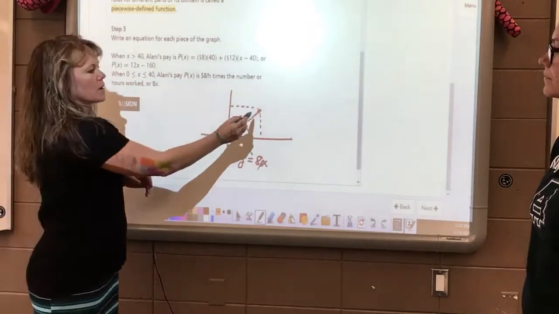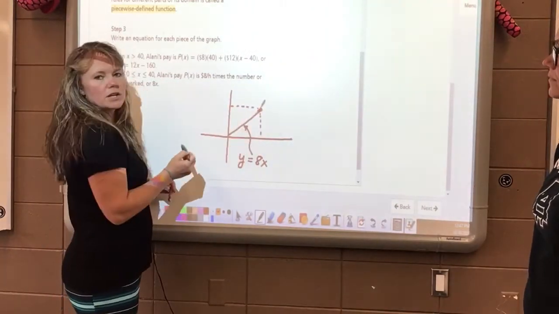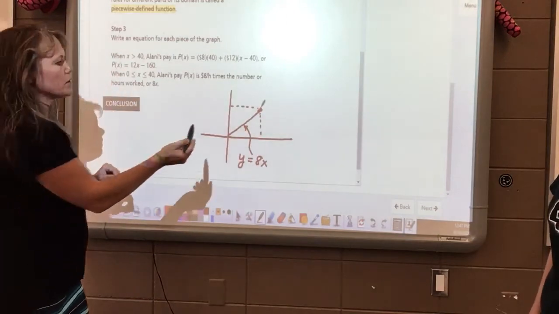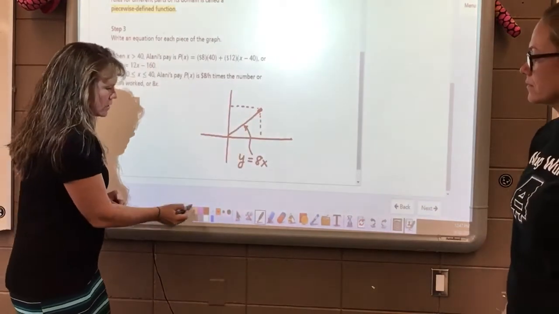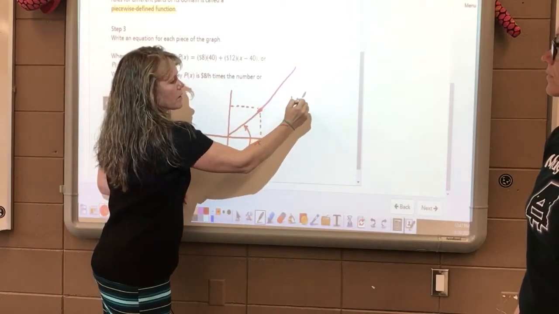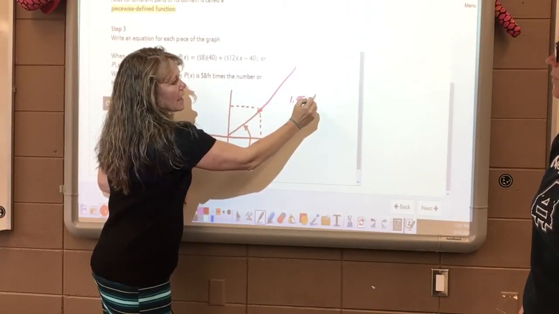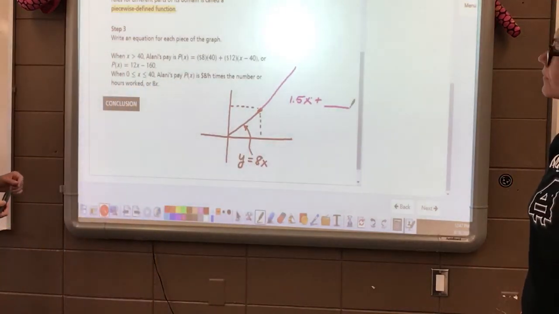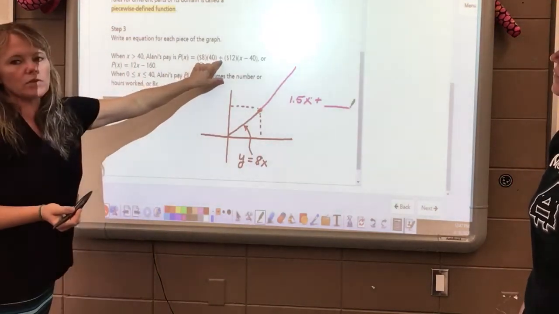Now for this one, we need to know where does this start for the other part of the equation. And so we know that the slope for the second part is 1.5. It's going to be 1.5x plus something. And so that's finding that starting number is what they're doing here.